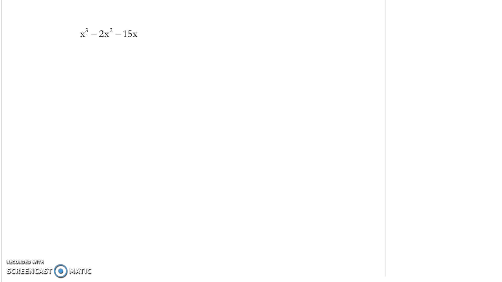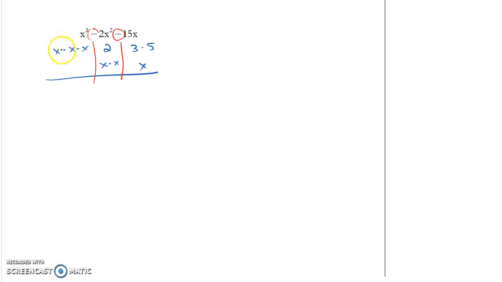Looking at the next example, it's the same concept, because this is x to the third. It is a 1 in front of it, but it's not x squared. That's the other key to recognizing that I've got to look for a GCF first. So this is x times x times x. This is 2x times x. This is 3 times 5 times x.